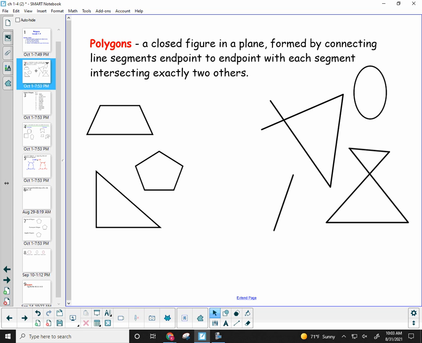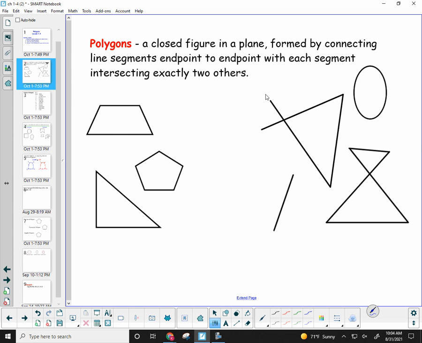This figure here, its endpoints are not connected to any other endpoints. It's just a segment. In this figure, the two endpoints are not connected. If I were to ignore those parts, the triangle itself would be a polygon. But because it has those segments hanging out there, an endpoint is not connected to an endpoint.